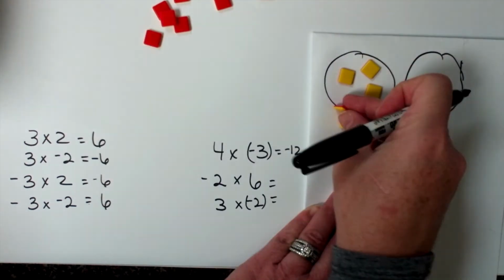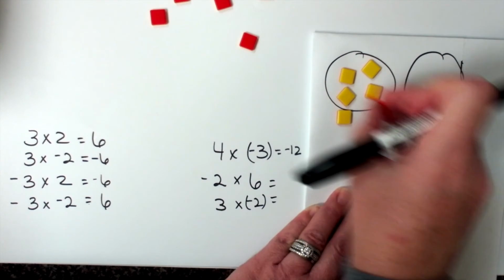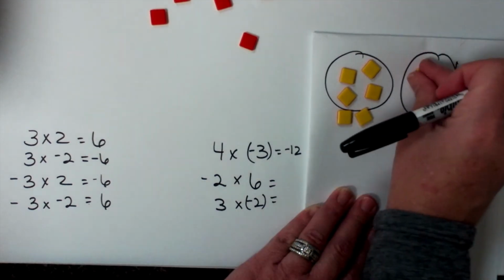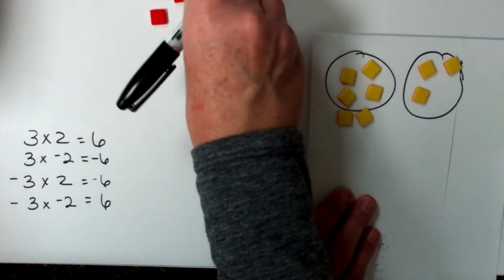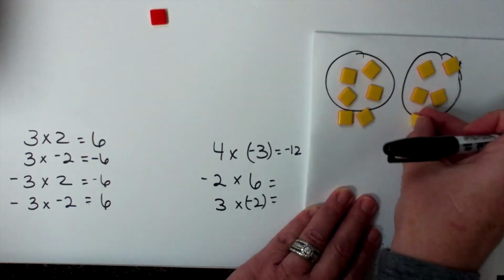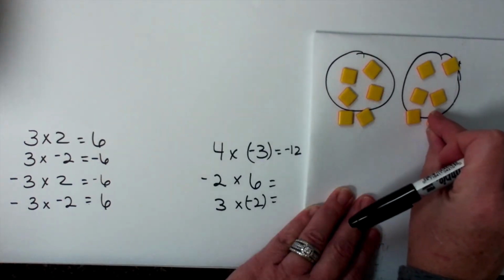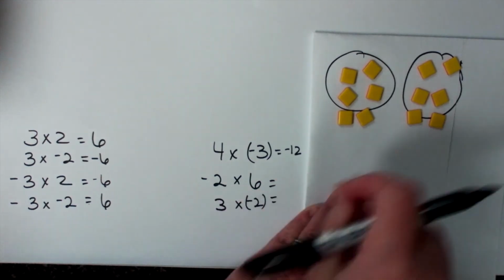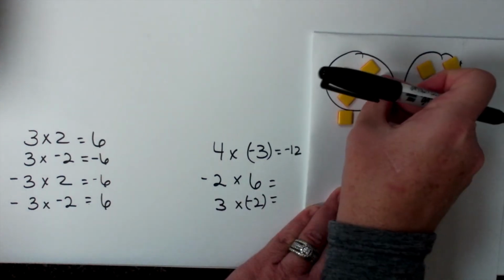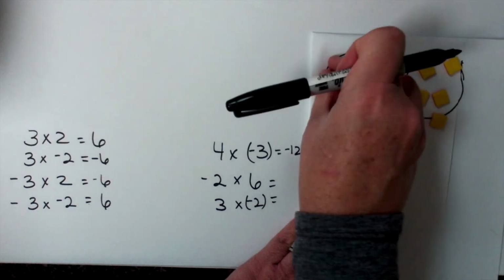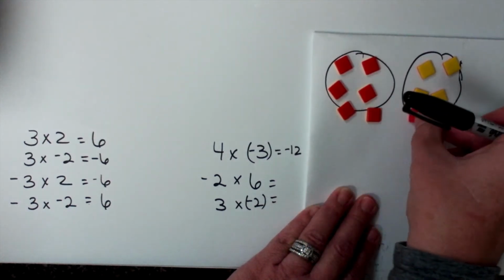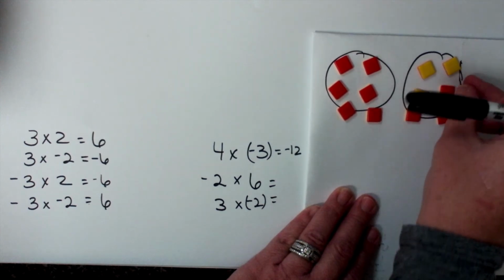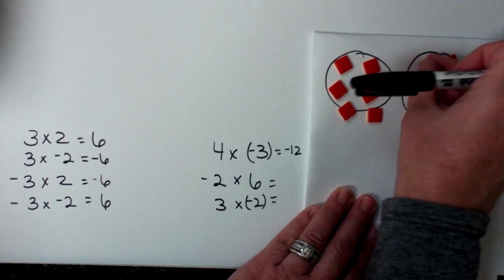Now if I do the opposite of, what do we do? We just flip them over, right? So I'm going to build my 2 groups of +6. And I'm going to say it's the opposite of 2 groups of +6, which would be -6. The opposite of positive is negative. This is why it's so important to do those 0 pairs, guys. And then that becomes -12.